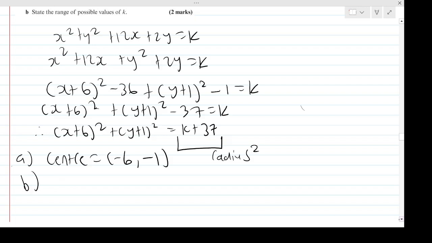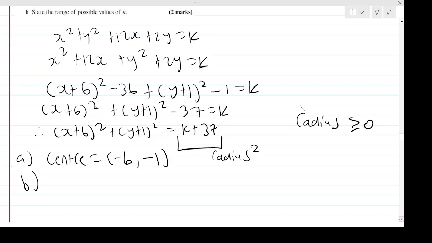Because it's a length, it has to be positive. It cannot be negative. A circle with a negative radius is nonsensical. It's not a thing. Every length has to be non-negative.